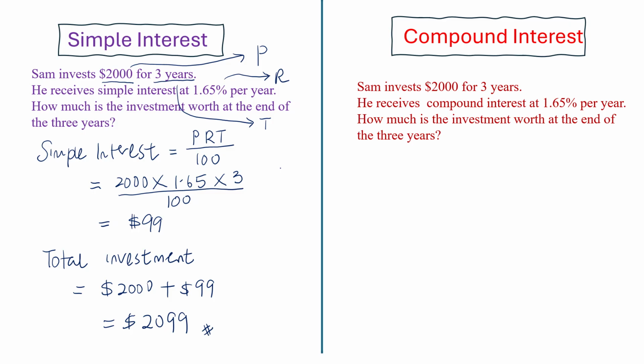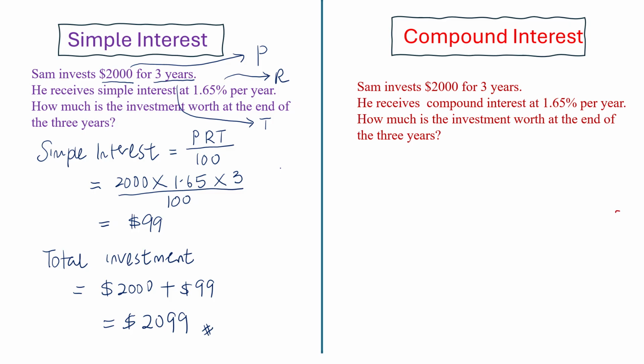Now let's look at what happens if we are dealing with compound interest. Do you think you will still get the same answer? To calculate compound interest, first of all, we have to use the correct formula.